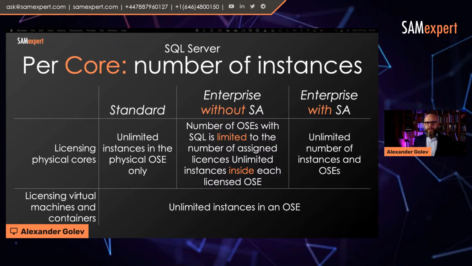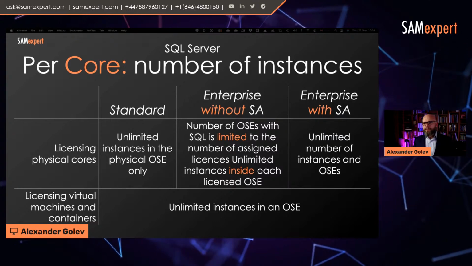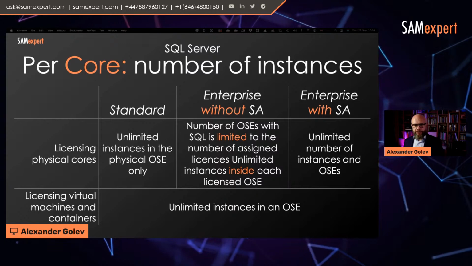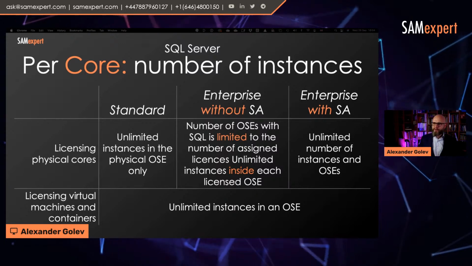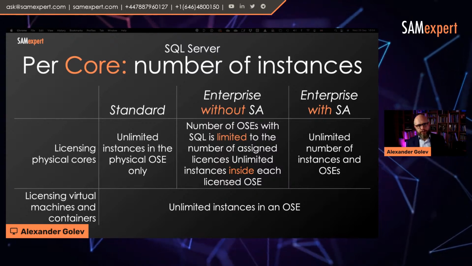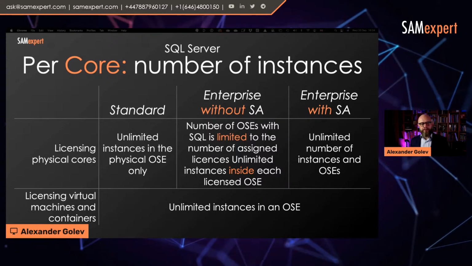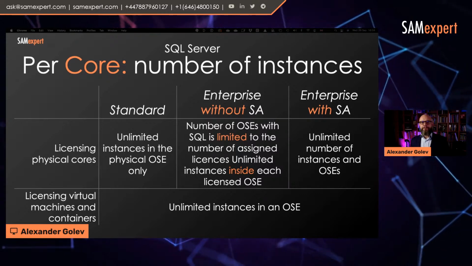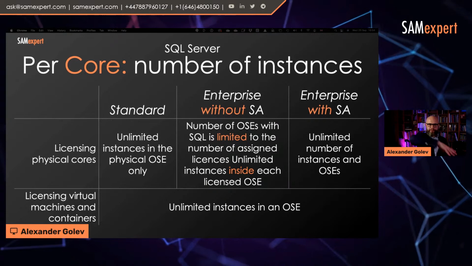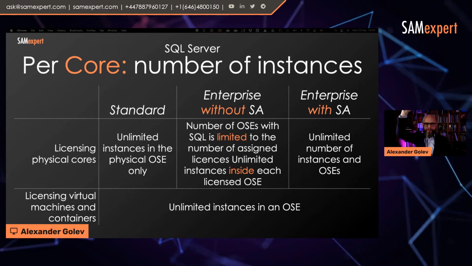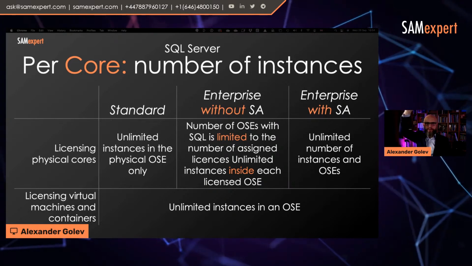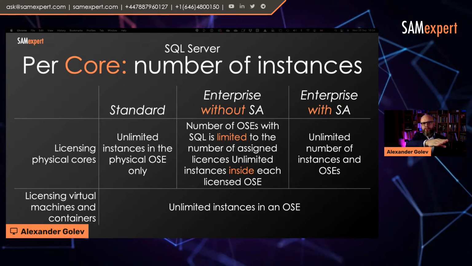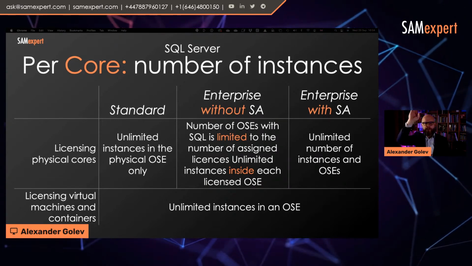If you're licensing virtual machines, the number of instances is unlimited. With Enterprise, it's a bit tricky. If you have Software Assurance on the SQL Server Enterprise cores, the virtualization is unlimited. Like I said, just a free ride. However many SQL Servers you want to run on that server, as long as you license all the physical cores, you may run as many as you want.